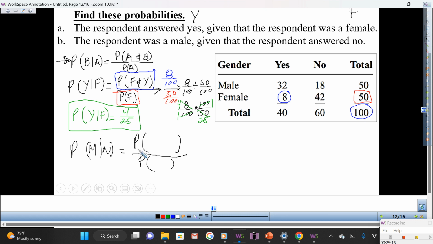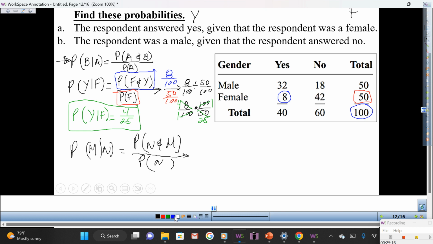N, yes. Very good. So on top, what do I write on top? Male. Yes, and an M, which means what goes in the denominator, everyone? N, yes, that is correct.